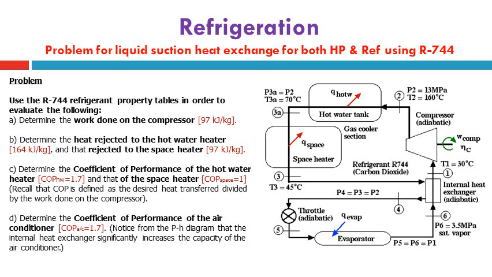Recall that the COP is defined as the desired heat transfer divided by the work done on the compressor. Item D. Determine the coefficient of performance of the air conditioner. Notice on the pH diagram that the internal heat exchange significantly increases the capacity of the air conditioner.